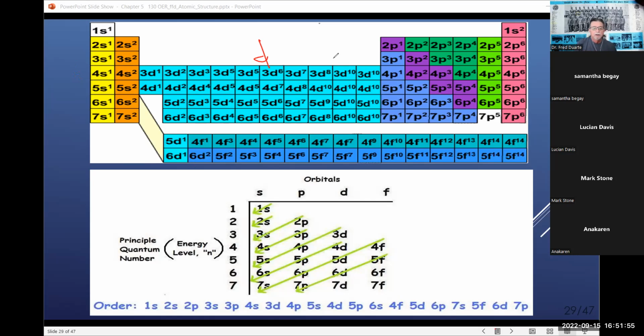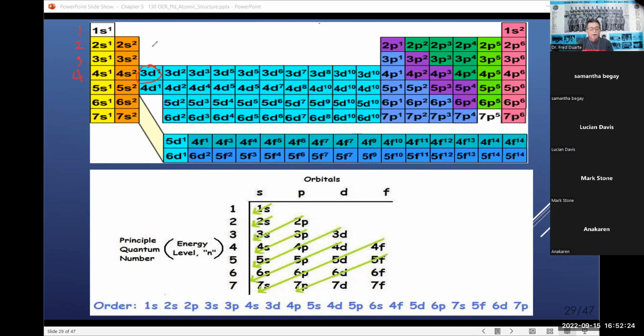All right. So let's say you were doing element number 21, which is right there, okay? Well, being number 21, it looks like all the levels are full. 1, 2, 3, and 4 are full, and then you end up with 3D1.